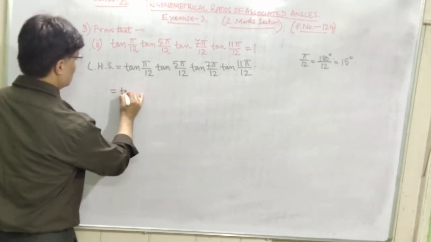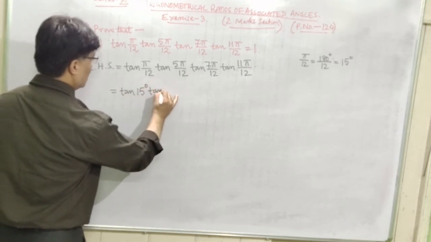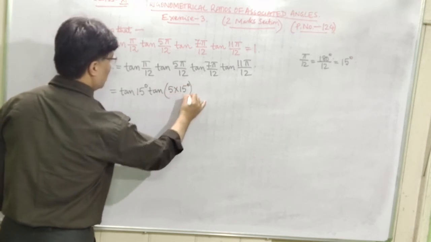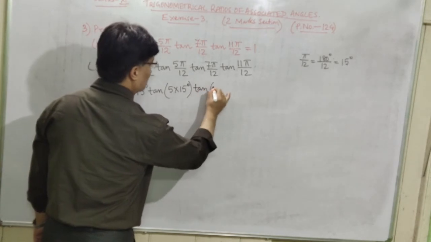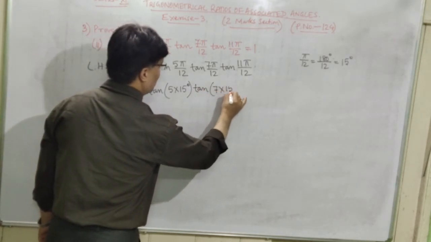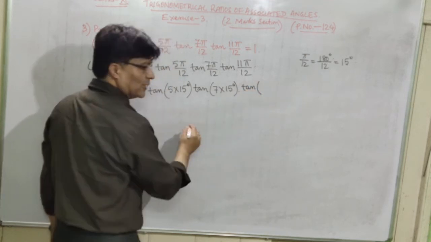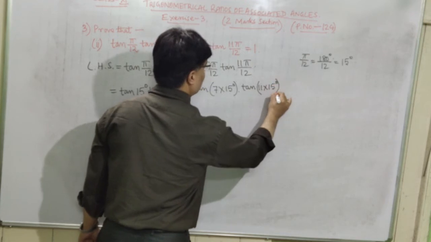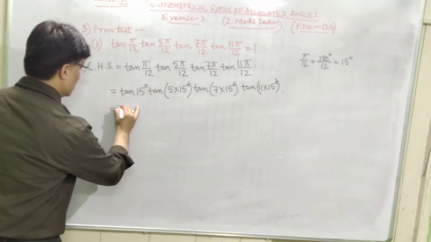So which is equal to, this is tan 15 degree. Tan, what is 5 pi by 12? 5 into 15 degree, right? So let us convert it into degrees now. 7 into 15 degree, tan of 11 multiplied by 15 degree. Is that clear? So let's simplify it now.